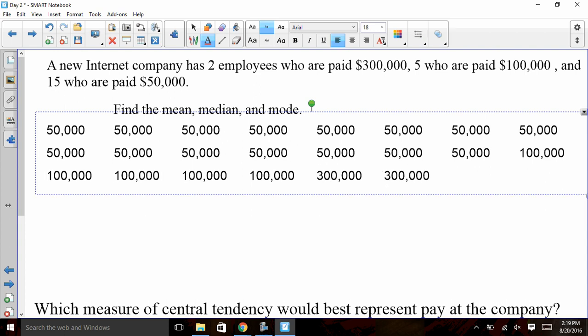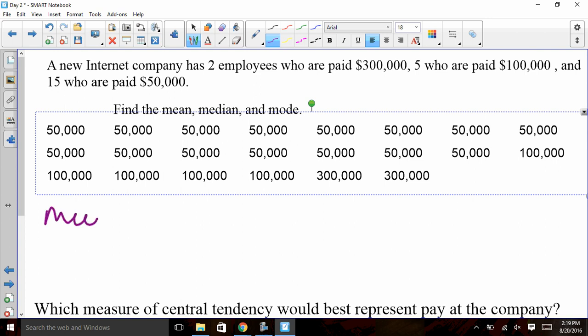Cool. Okay, so now we have our data in order. So this allows us to go back and start finding our mean that we had done before. Remember, the mean is just the average. So I'm going to add up all of those values together.